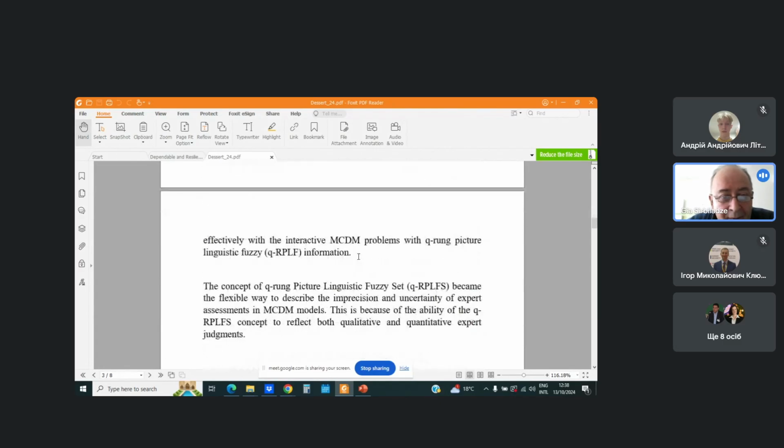So we construct this model over a so-called Q-rank picture linguistic fuzzy environment.